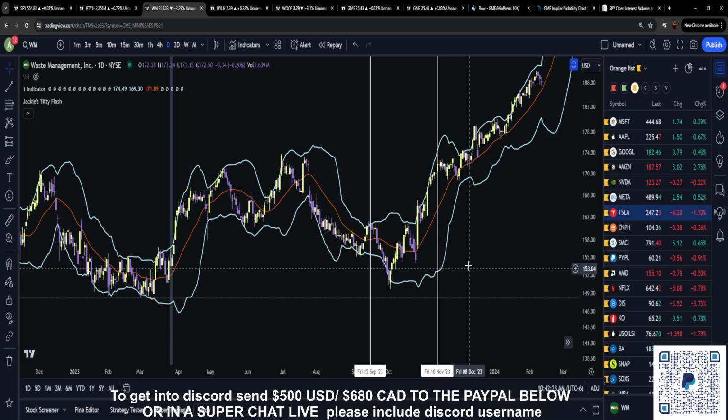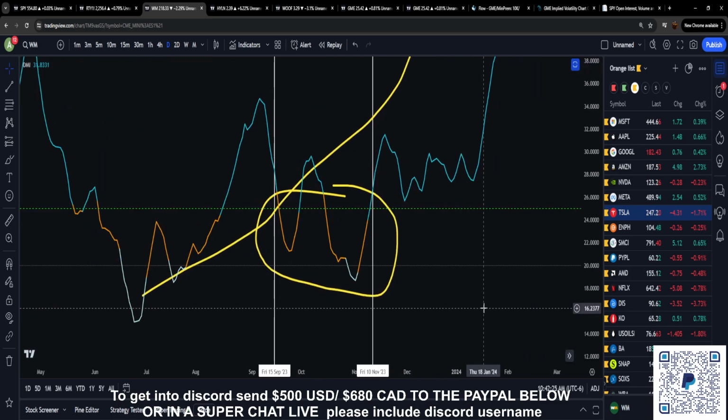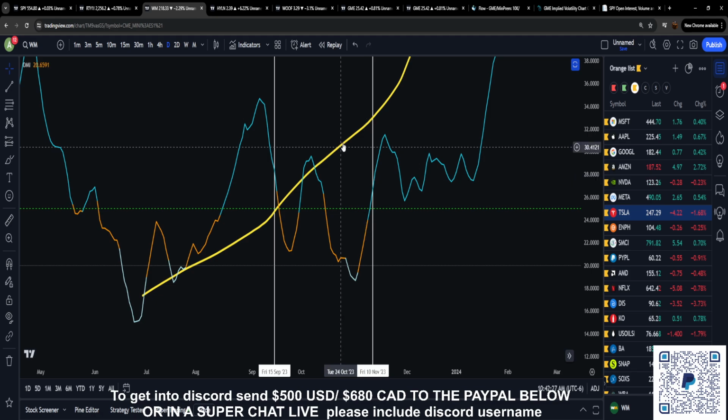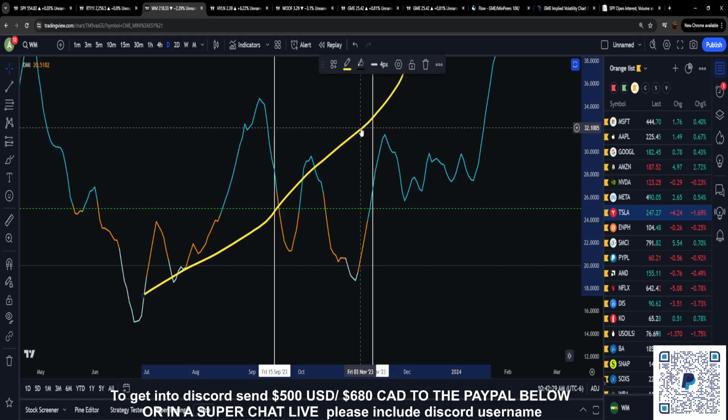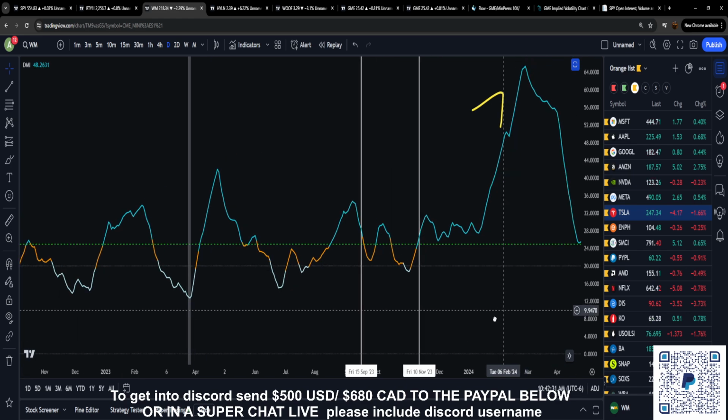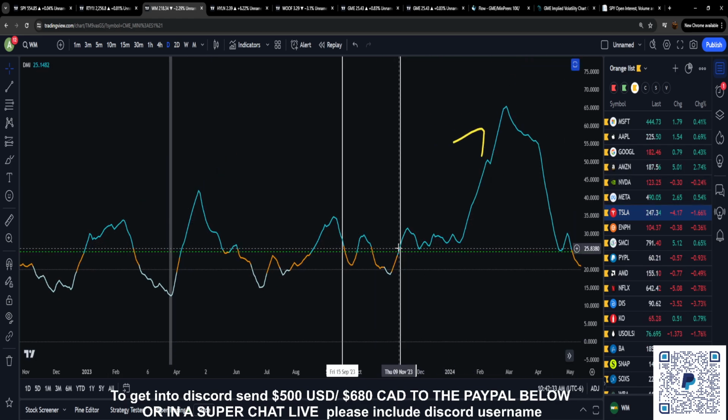Now, let's go to the next part of the ADX. When the ADX rises above 25, it is trying to tell you that the strength of that trend is very strong.